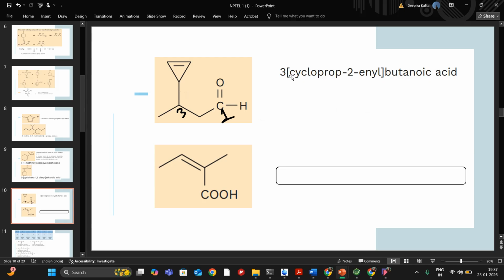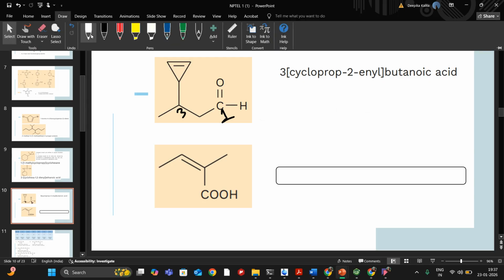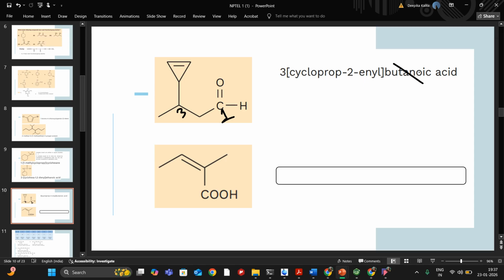After naming this individual substituent, it must be very easy for you. There will be a correction here. This is an aldehyde, so it will not be butanoic acid, rather it will be butanal.